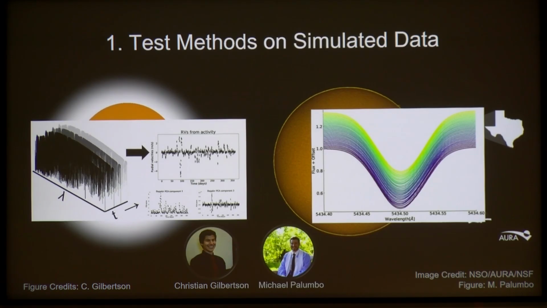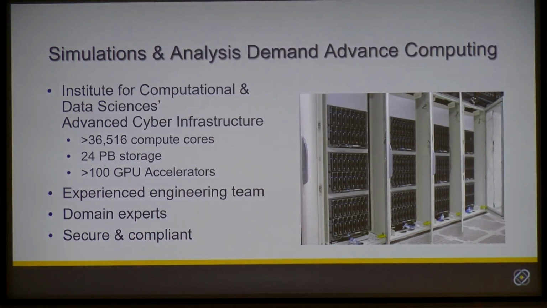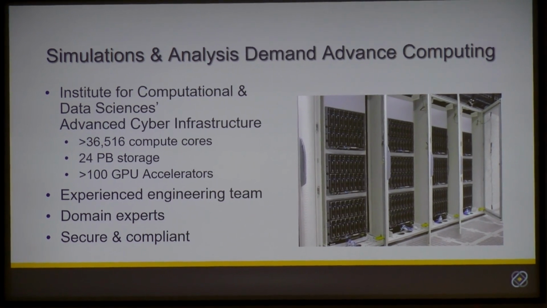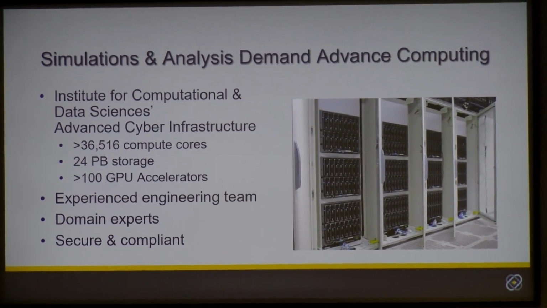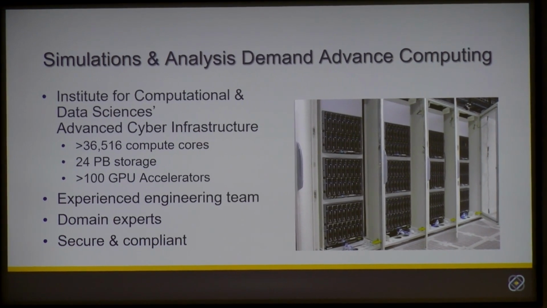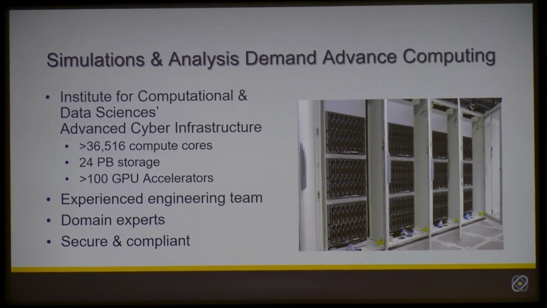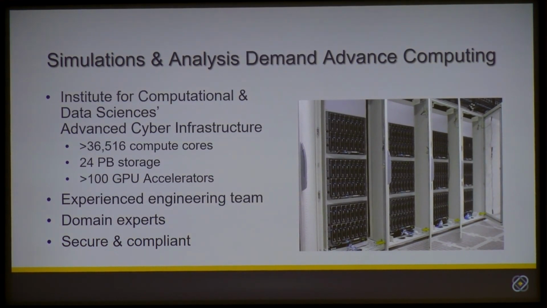Now, all this gets fairly expensive in terms of computing power, because we're simulating the sun spectrum over and over again. We're simulating planet surveys. We're analyzing that data with very different approaches, and we're trying to recognize which ones work, how well. And so to do that, we make use of the Institute for Computational and Data Sciences. The new name there is designed to trick speakers.